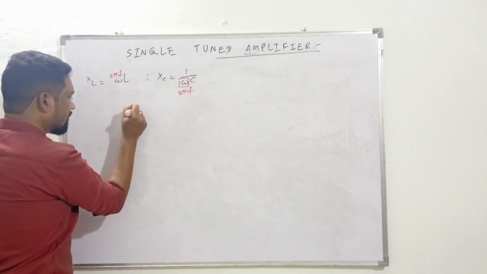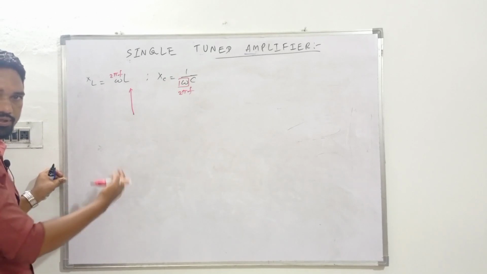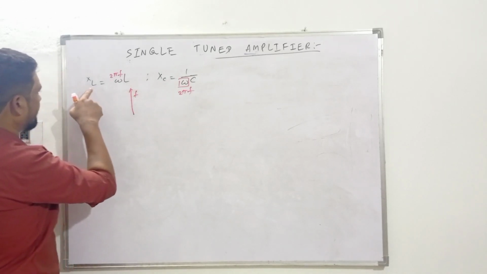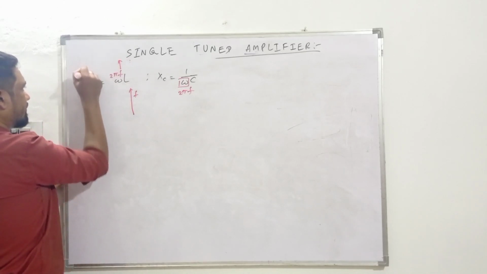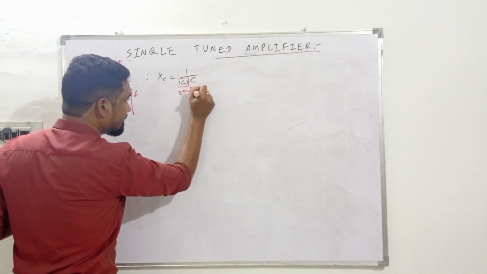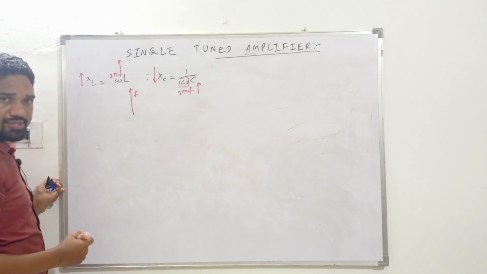As we go on increasing the frequency of the tuned circuit, the reactance offered by the inductor, XL, will be increasing, whereas with the increase in frequency, the XC provided by the capacitor is decreasing.